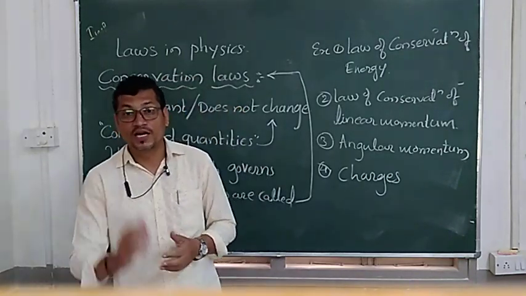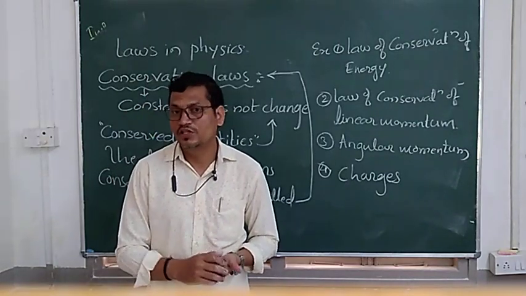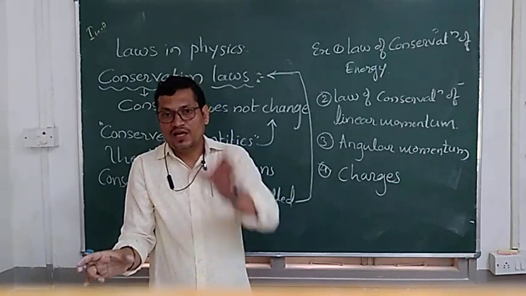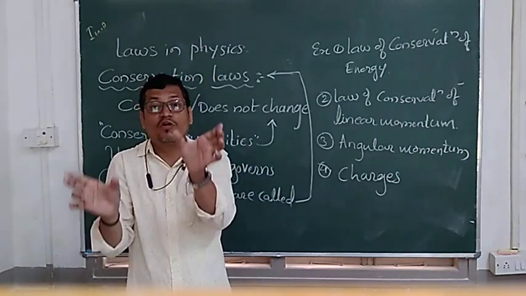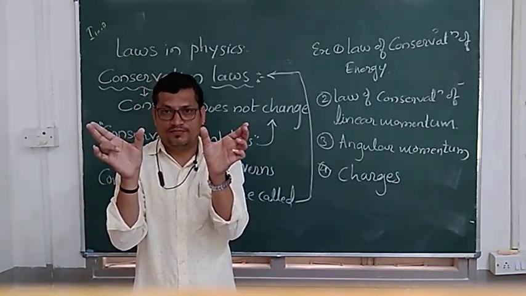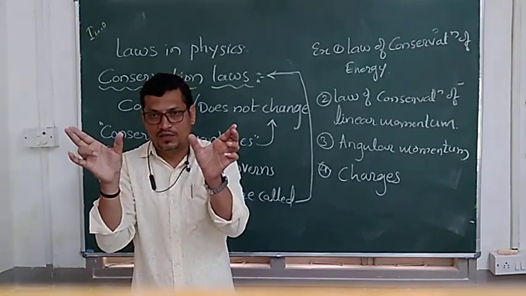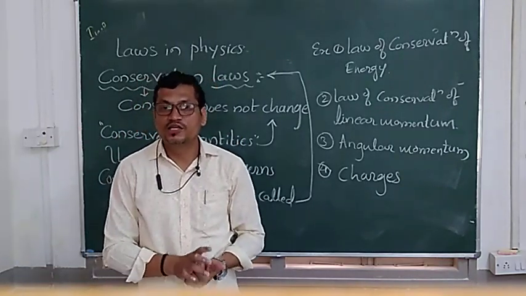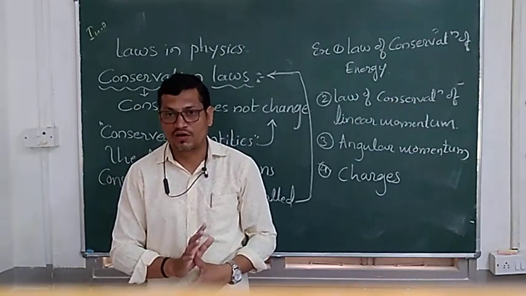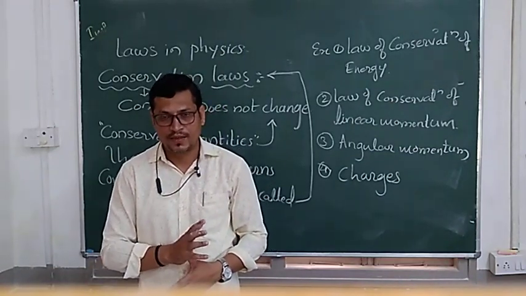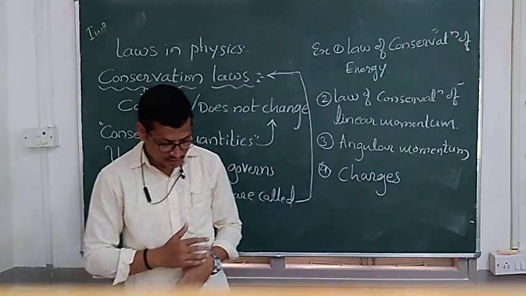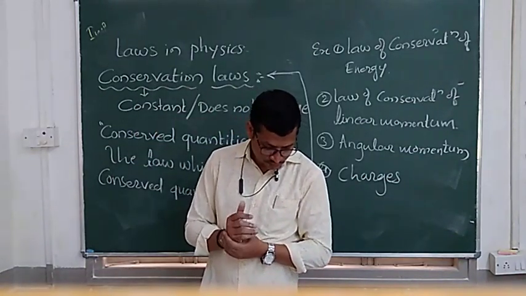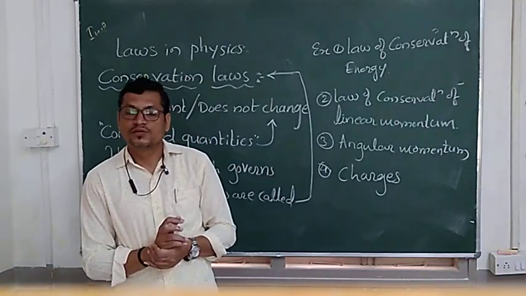Correct? So here one more question will come. Who discovered electron? So here electron is a discovery, and one side you write the name of the inventor. Who discovered? J.J. Thomson discovered electron. Like that you write. Raman effect.